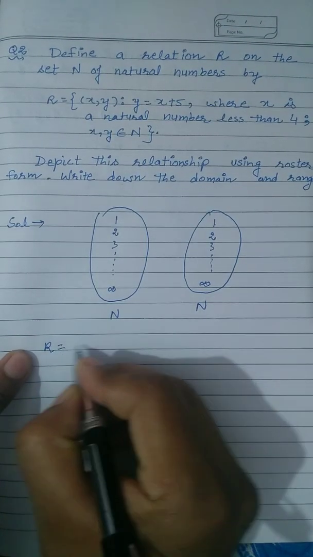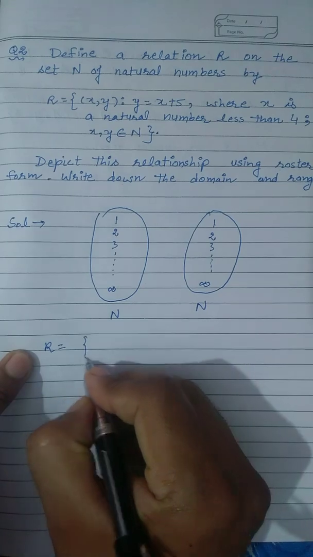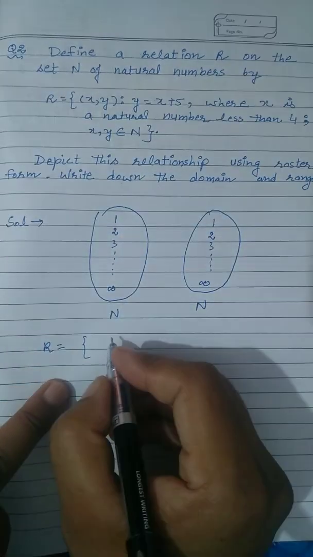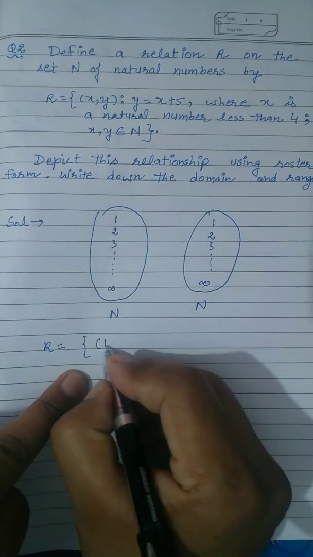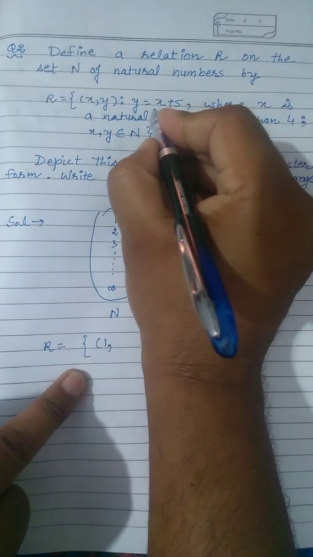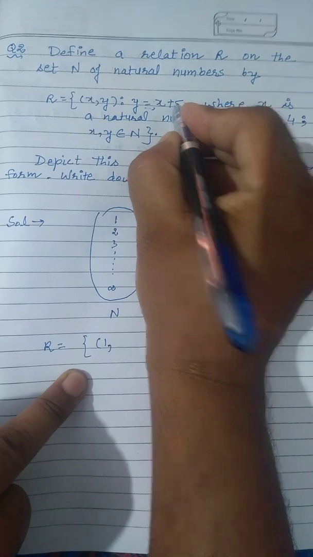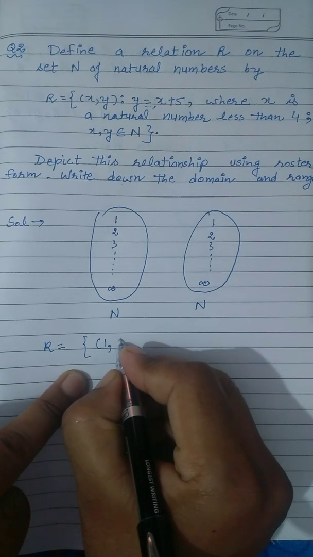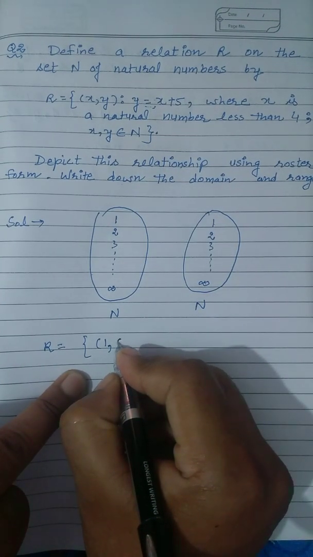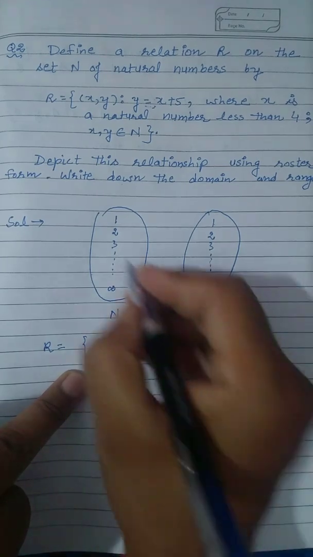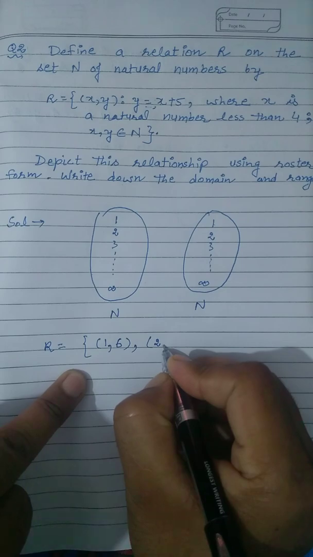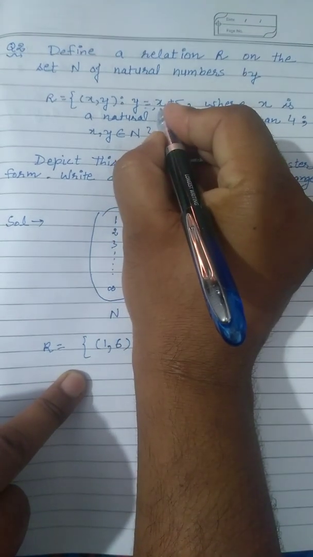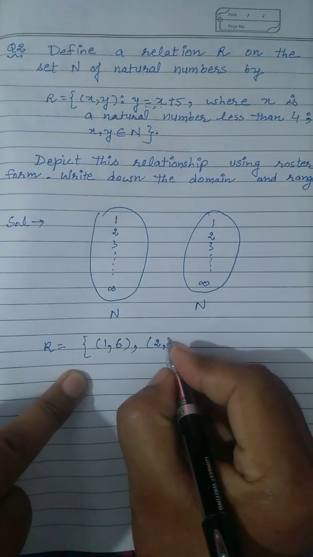R = (x, y). For x, the first natural number is 1, and accordingly y is x + 5, that is 1 + 5, 6. For the second natural number, x takes the value 2, accordingly y becomes 2 + 5, 7.